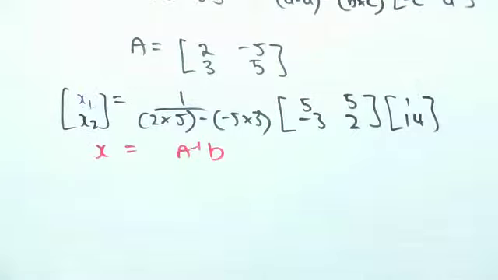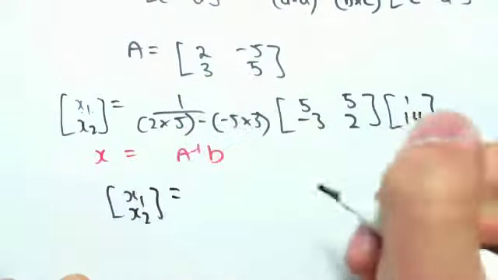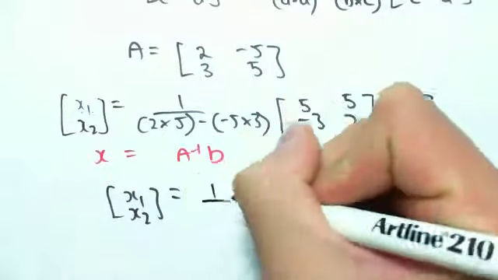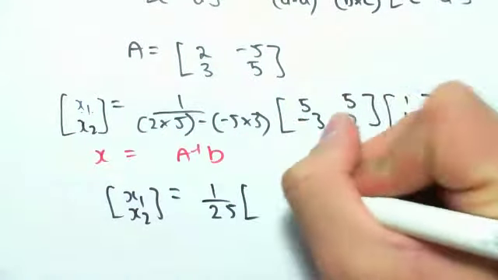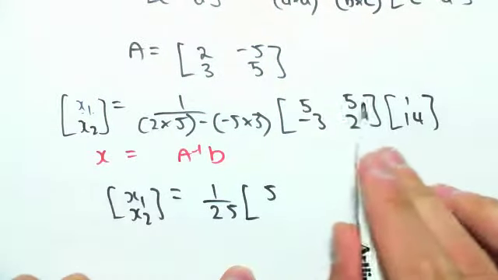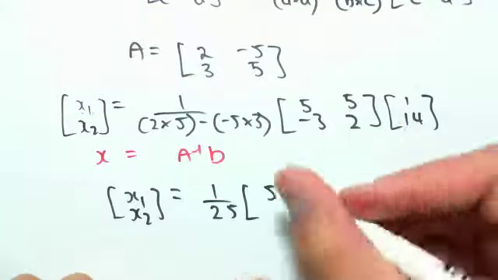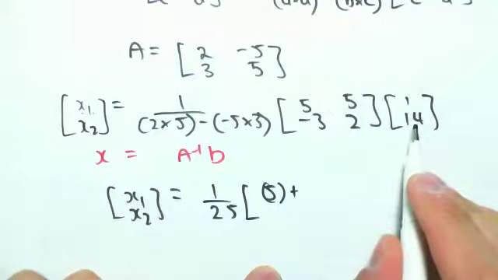Now if we were to solve this, we would have x1, x2 equaling, the solution to this is 1 on 25 outside of this. So we'd have to multiply this row by this column. So 5 by 1 is 5 plus 5 by 14.